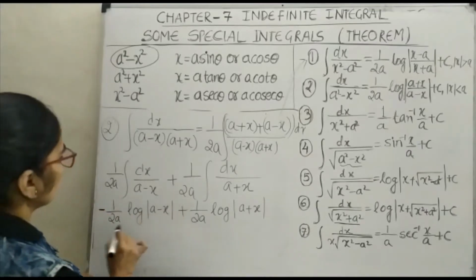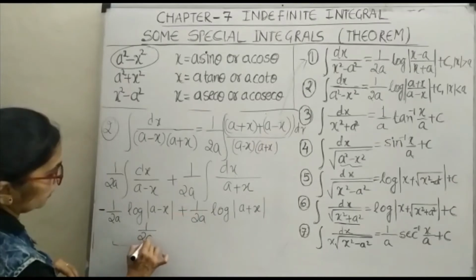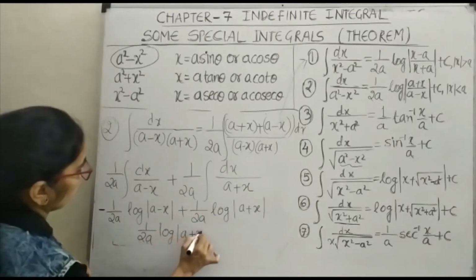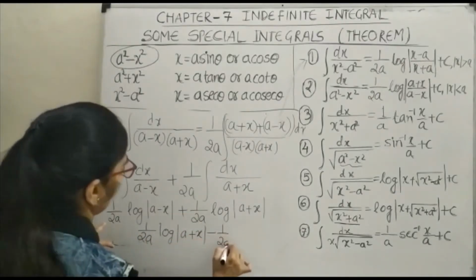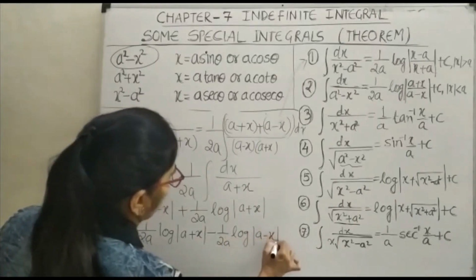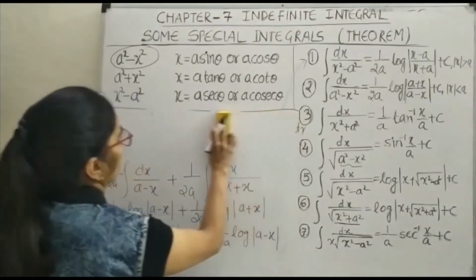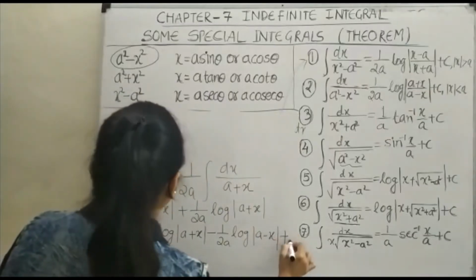So this takes the form 1 upon 2a log mod a plus x minus 1 upon 2a log mod a minus x, plus c.